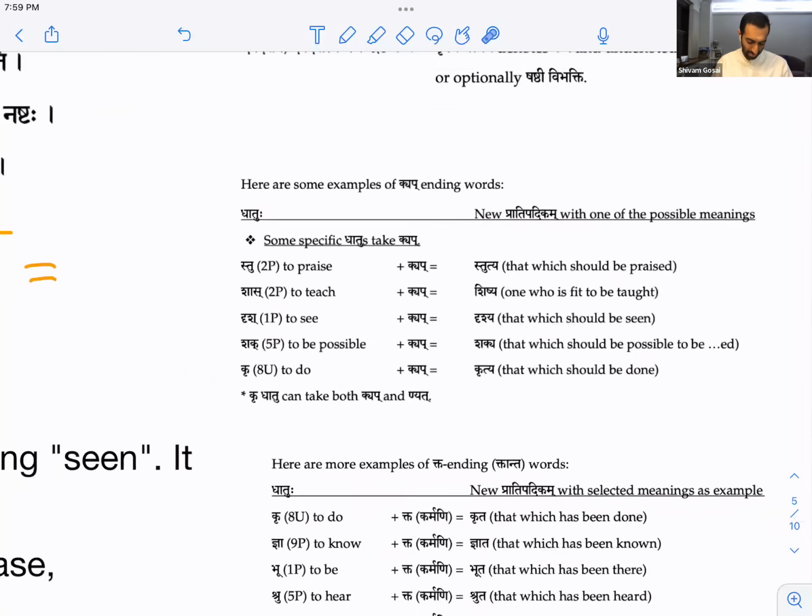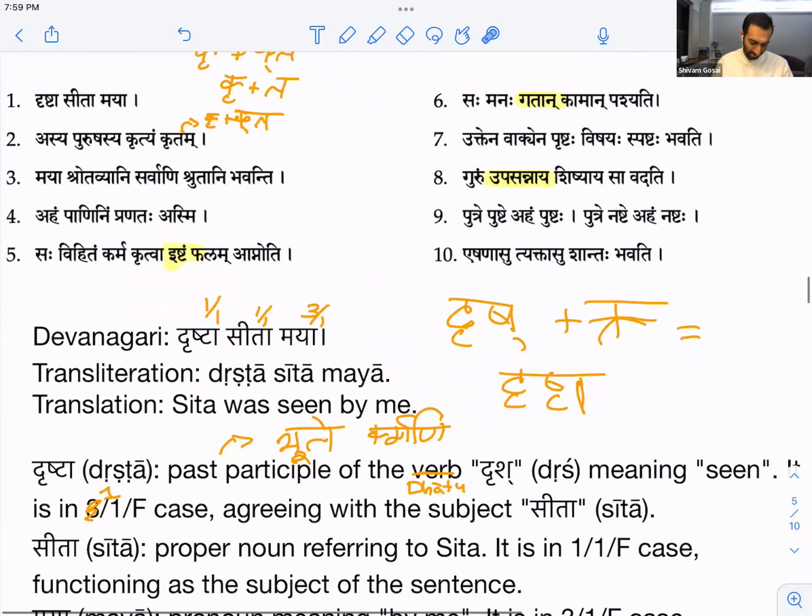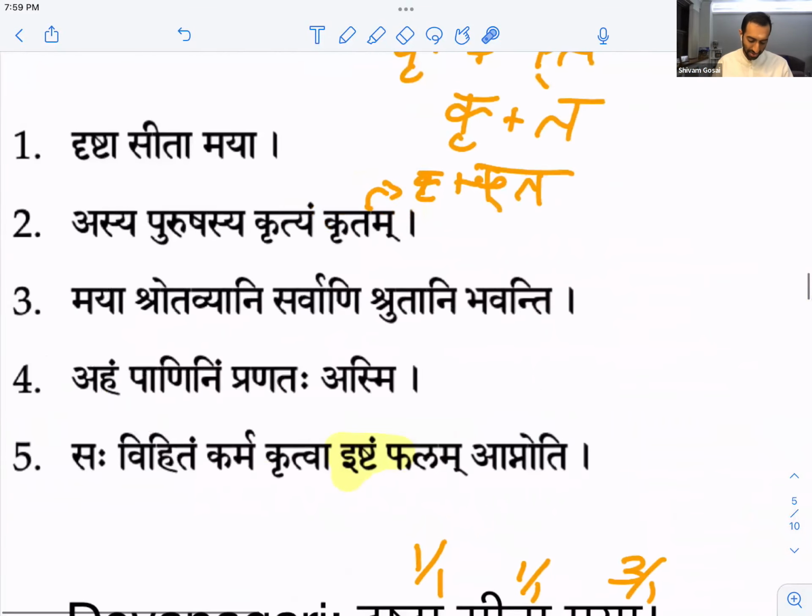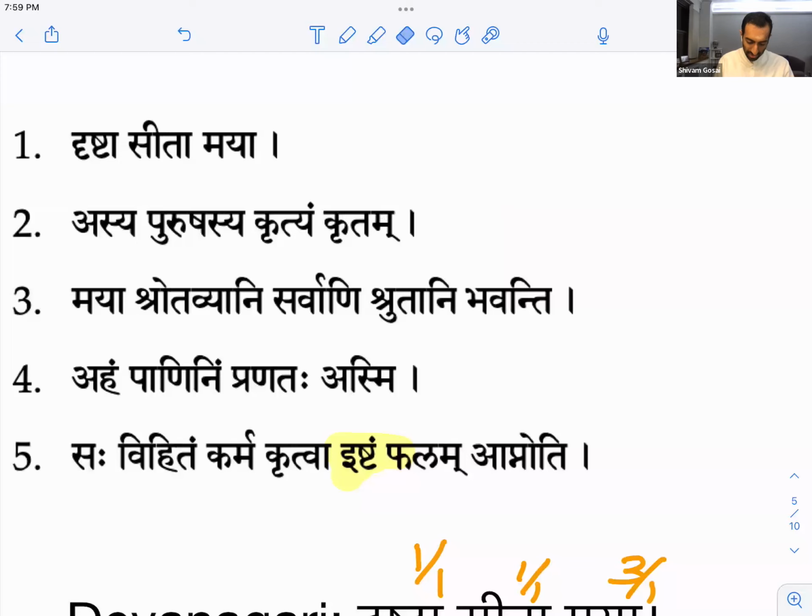Okay. So the sentence: asya purushasya krityam kritam. Okay, let me erase all this. We have two Kṛdanta words here.